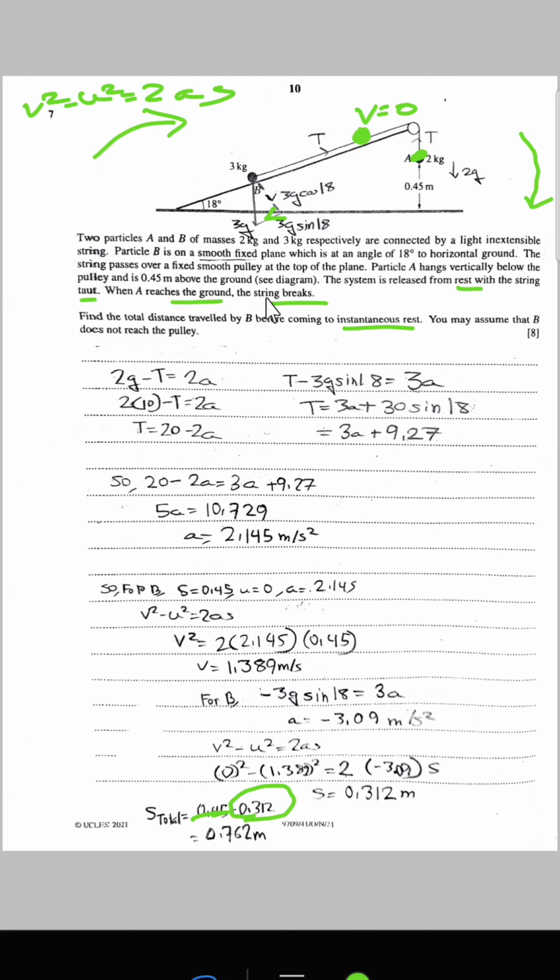As A is moving downwards, its downward component minus upward component is equal to mass into acceleration. And for B, its upward component, that means T, minus downward component is equal to mass into acceleration. We solve it simultaneously to find the value of a, that is 2.145 meter per second square when they are connected.